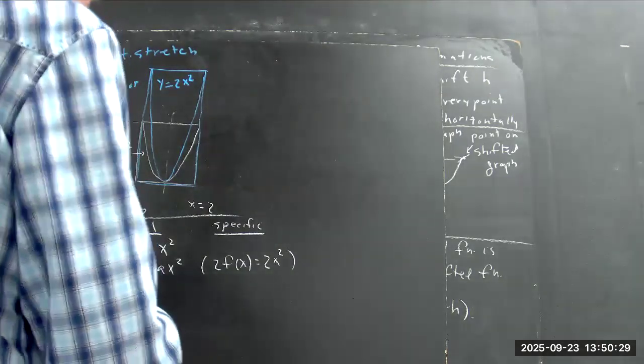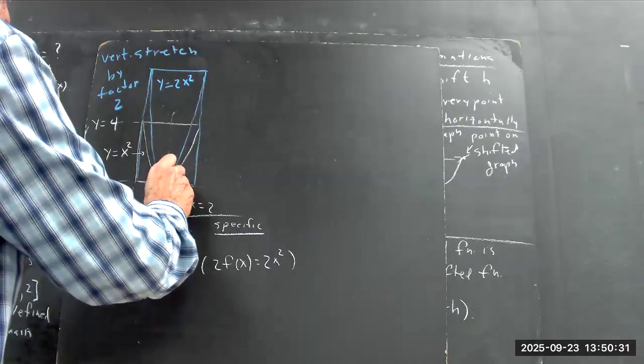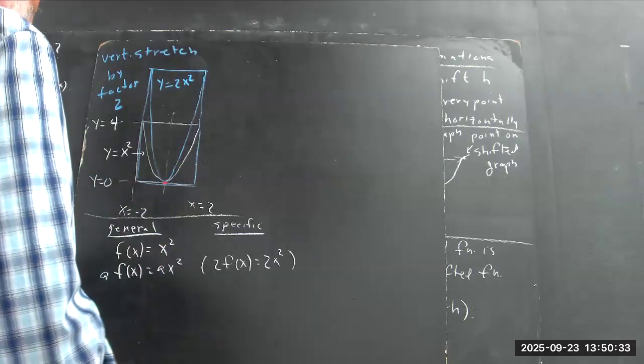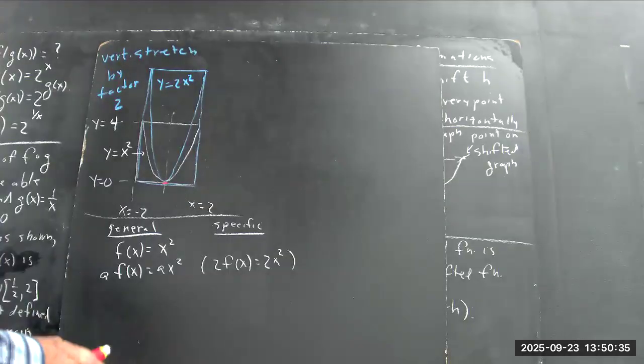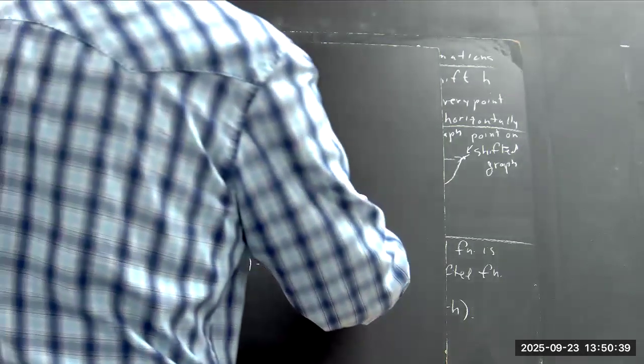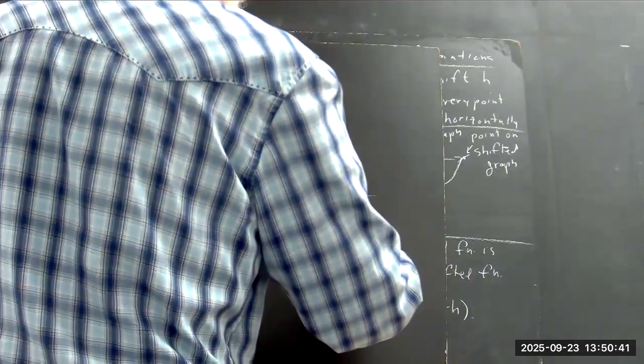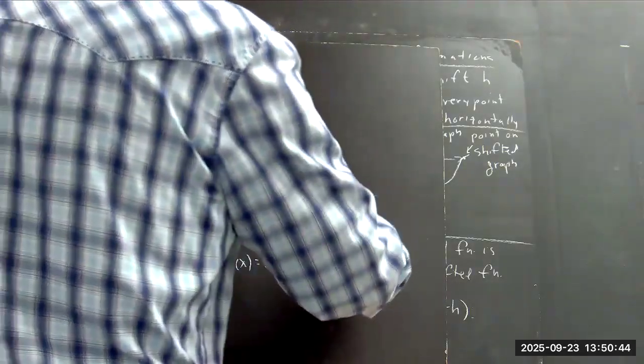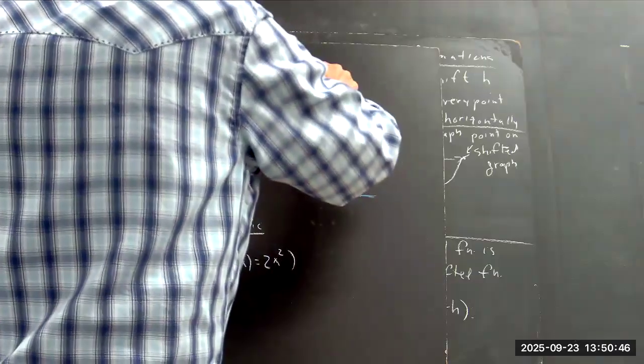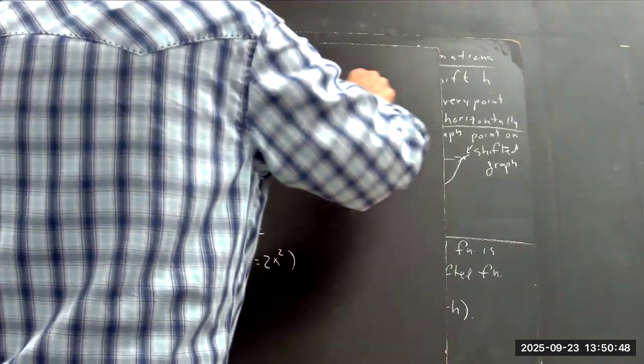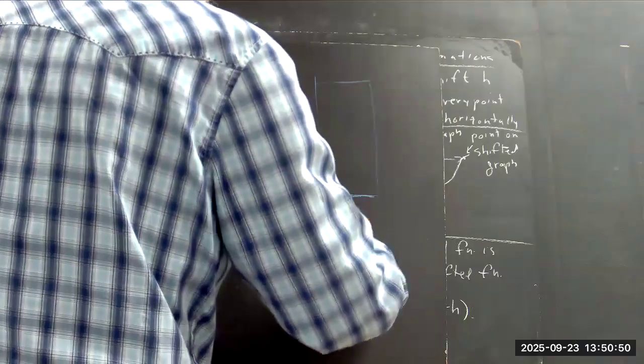Then I'll put the red dot in here. Then we shift it h units. How far do you want to shift it? I want to shift it all the way over to here. I'm going to take the blue rectangle and I'm going to put it here.